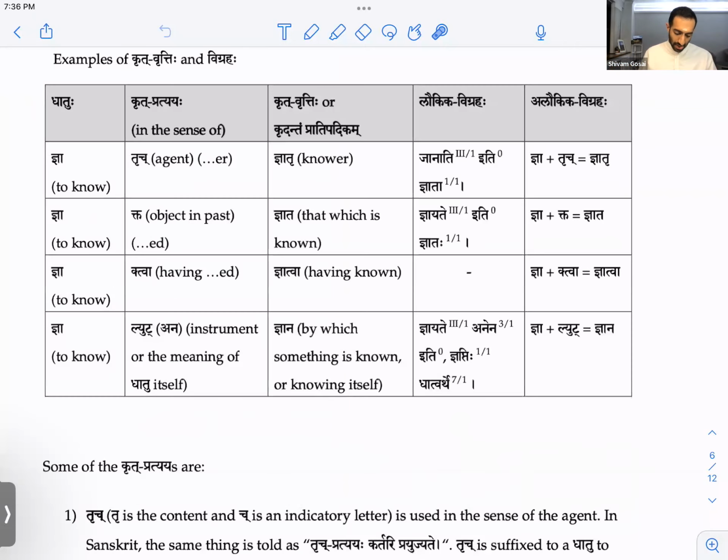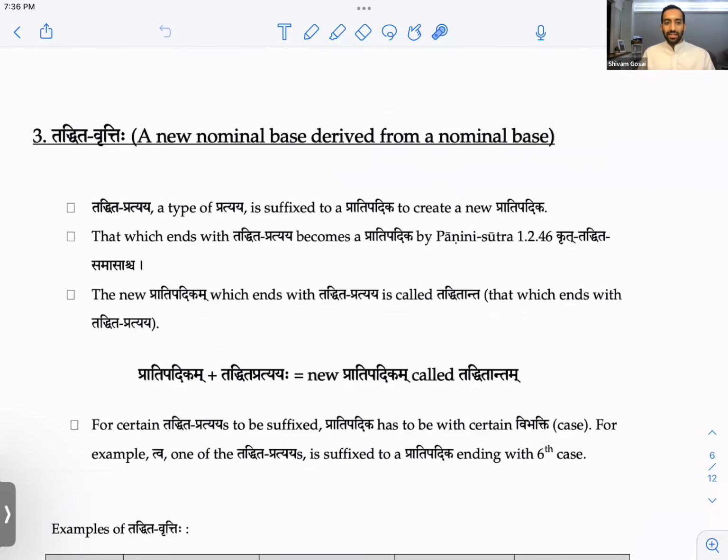Then taddhita vritti. This is a new nominal base, a new pratipadikam, which is derived from another pratipadika. So a pratipadikam plus the taddhita pratyaya equals a new pratipadikam called tadditanta.